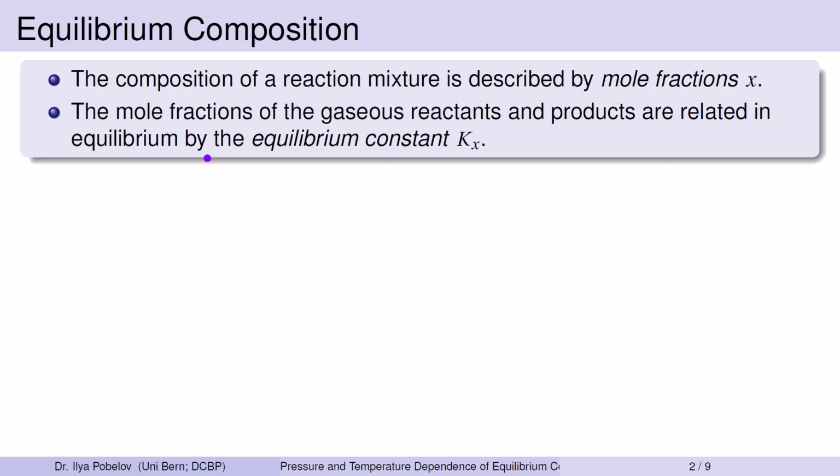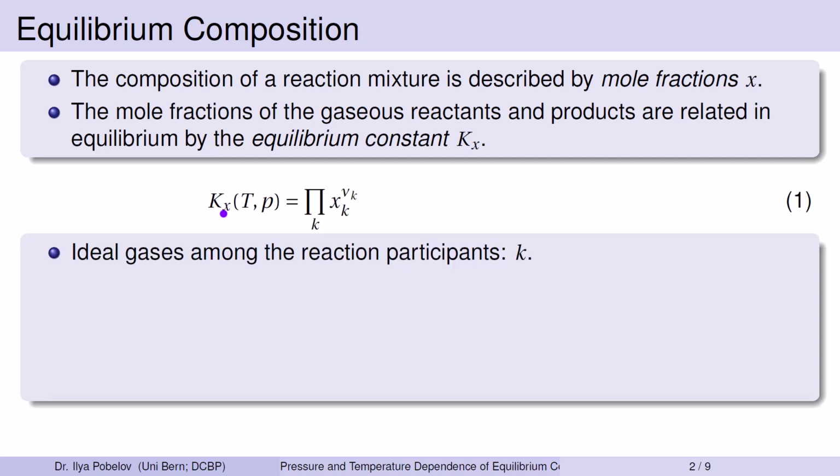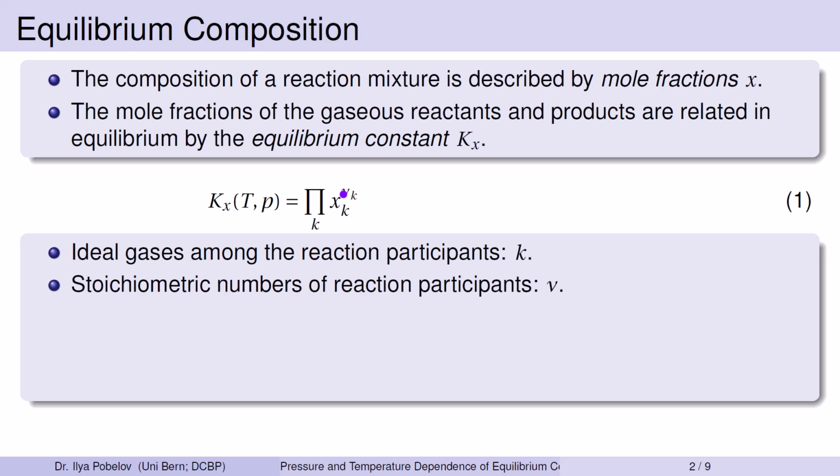constant Kx. Kx is defined as the product of the mole fractions of the gaseous reaction participants k, each represented by x_k, raised to the power of their respective stoichiometric numbers nu_k. It is connected to other system variables through this equation.